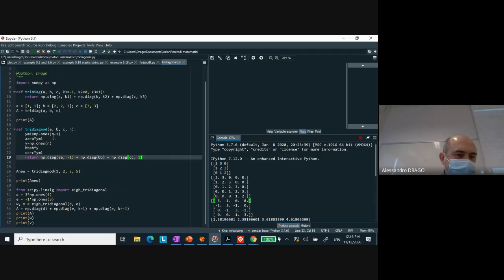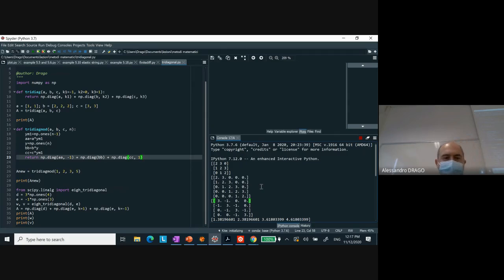I fill with all ones, and then I multiply by B or by C. You see, I multiply by A, multiply by C, the same object that contained just 1, 1, 1, 1. And if I put everything together, after I add these three arrays, it produces a matrix, which is this matrix here.